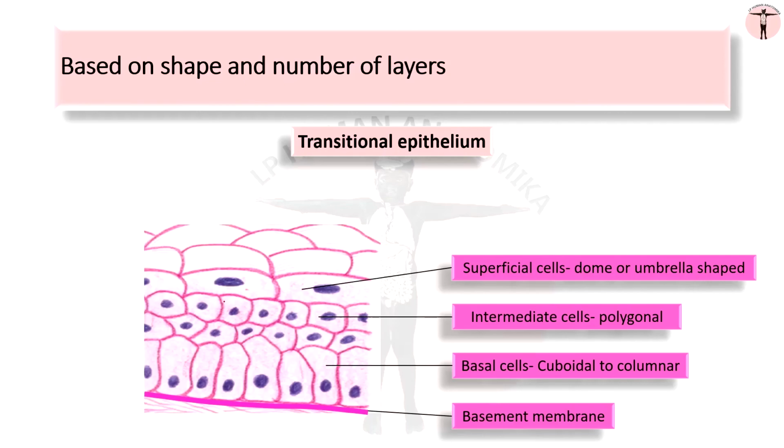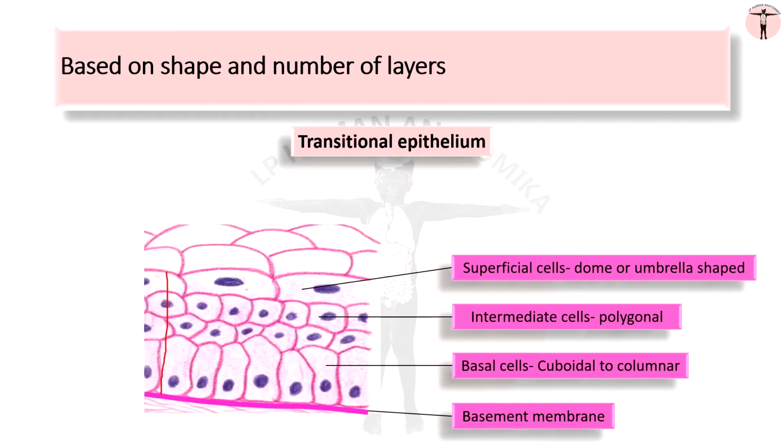It has the ability to stretch. In relaxed state the thickness is more. This is the picture in relaxed state, so the thickness is more, and it has 5 to 6 layers of cells. And in stretched state, what happens?